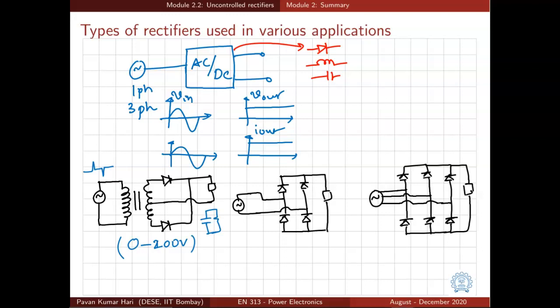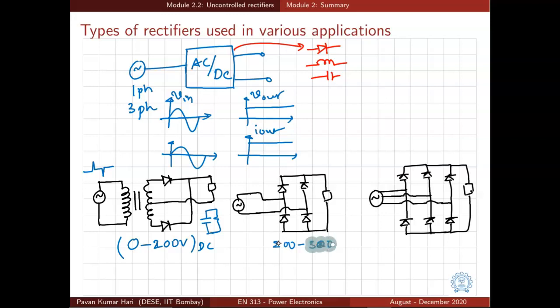When it is needed to generate a DC voltage of more than 200 volts, maybe from 200 to 320 or 300 volts in this range, because the peak value of AC voltage is 325, so we'll only get less than that. Even if you put a very large capacitor, we're going to get definitely less than 230 root 2.